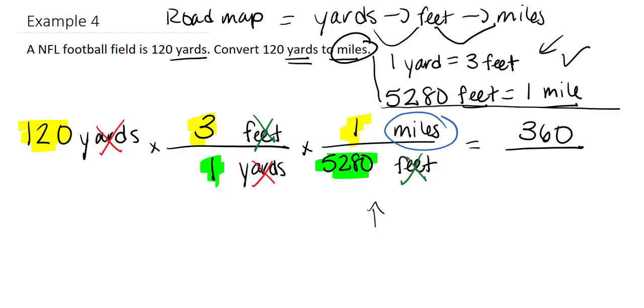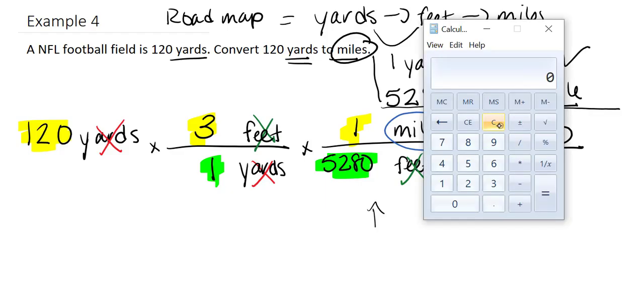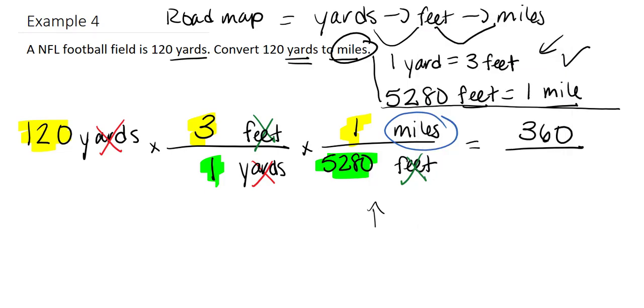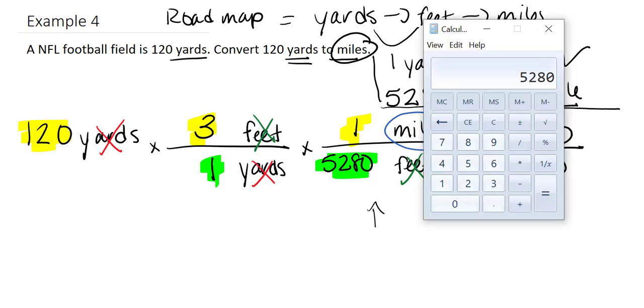Now, let's multiply what's on the bottom. 1 times 5,280, and we get 5,280. Then our final step is to take this 360 divided by 5,280, and we get 0.0681, and then it continues on.